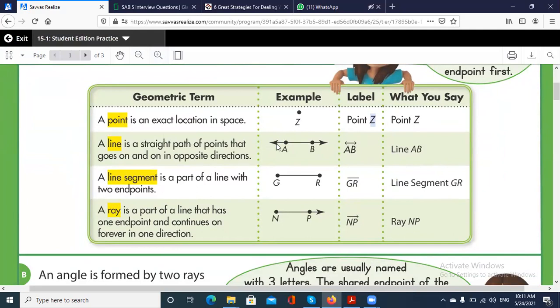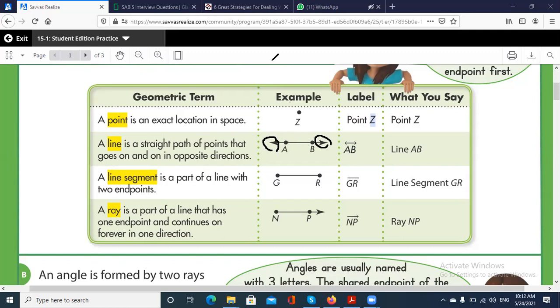Now, the line is a straight path that has two arrows on both sides. As you can see here, this is an arrow and this is an arrow. To name a line, we just call the 2 points that are on it.